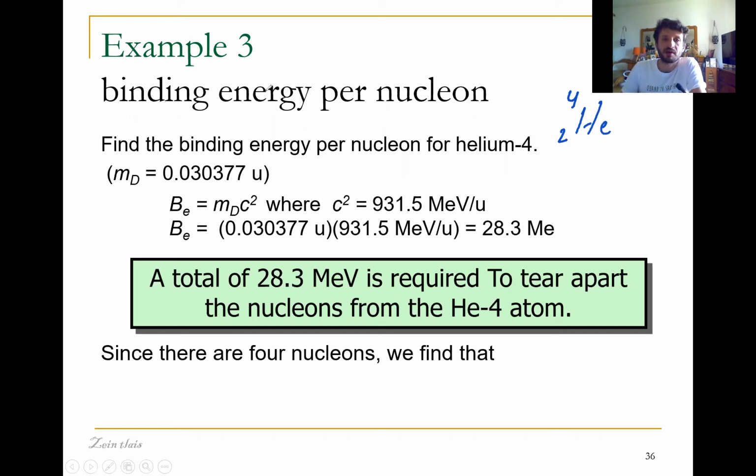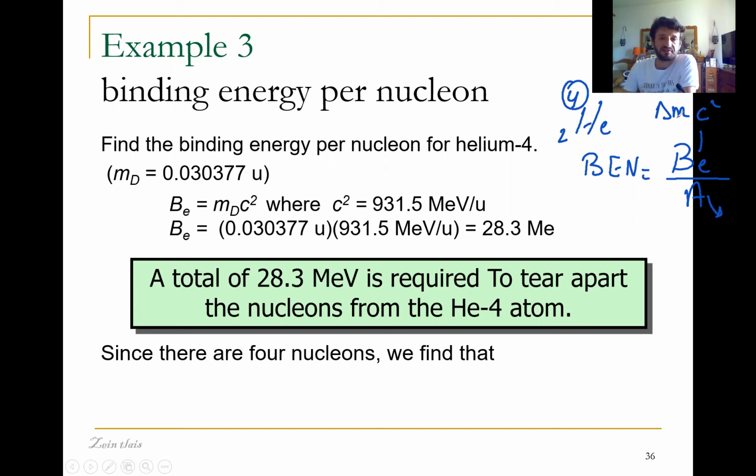In general, the binding energy per nucleon, BEN, equals the total binding energy of the nucleus divided by the mass number A. To calculate the binding energy, BE, which equals the mass defect delta M times C squared. Okay? And A equals 4.